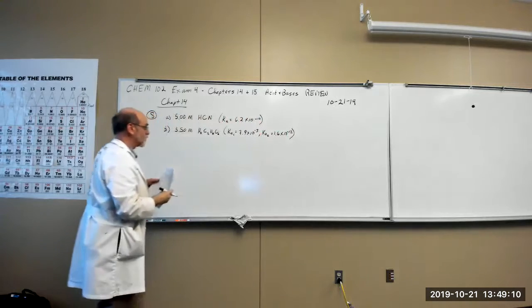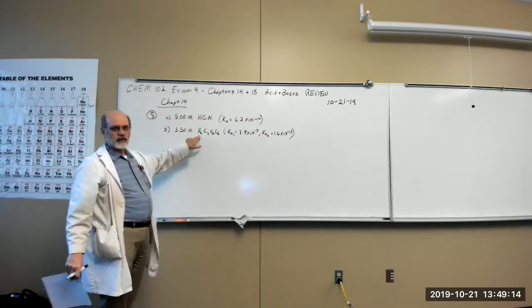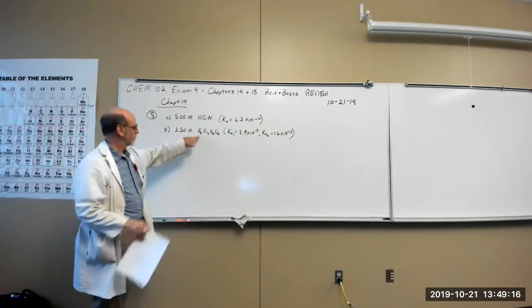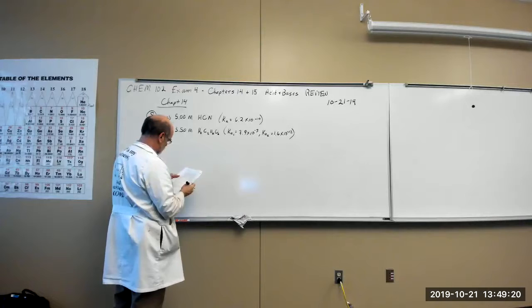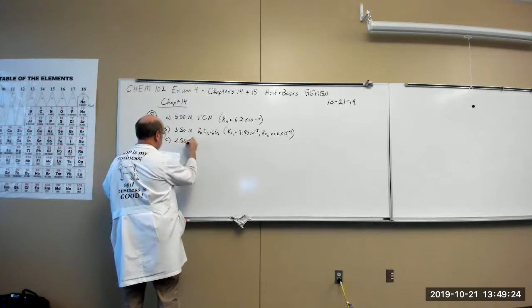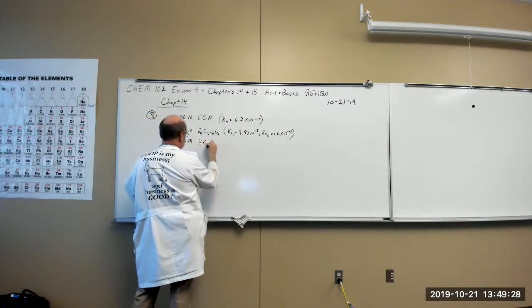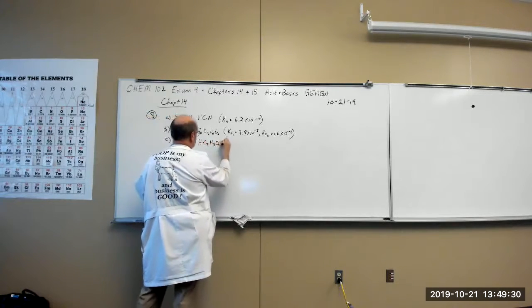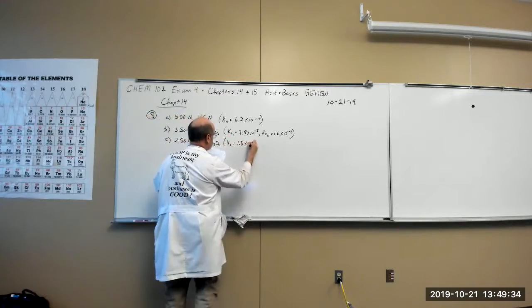Okay, why do we give 2 Ks for that one? Because they're 2 dissociable protons. C is 2.5 molar acetic acid. And we know the Ka of that one should be 1.8 times 10 to the minus 5.